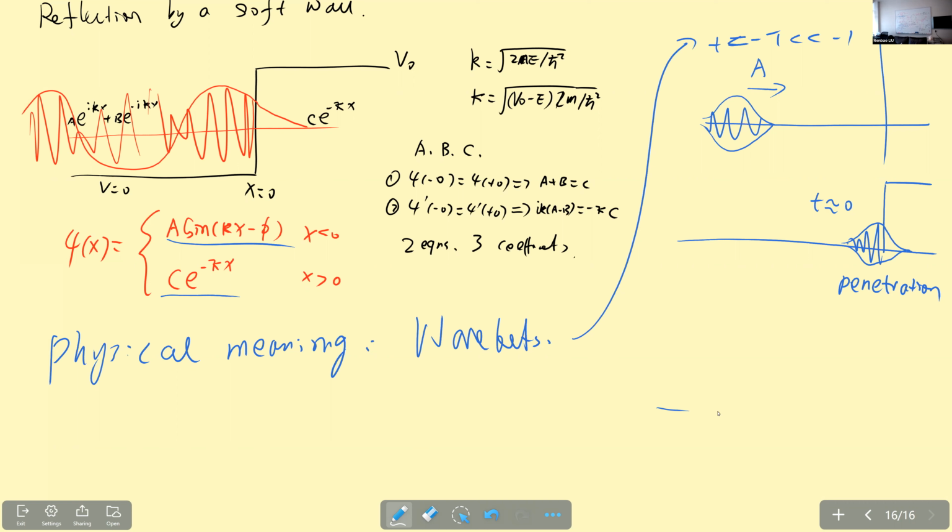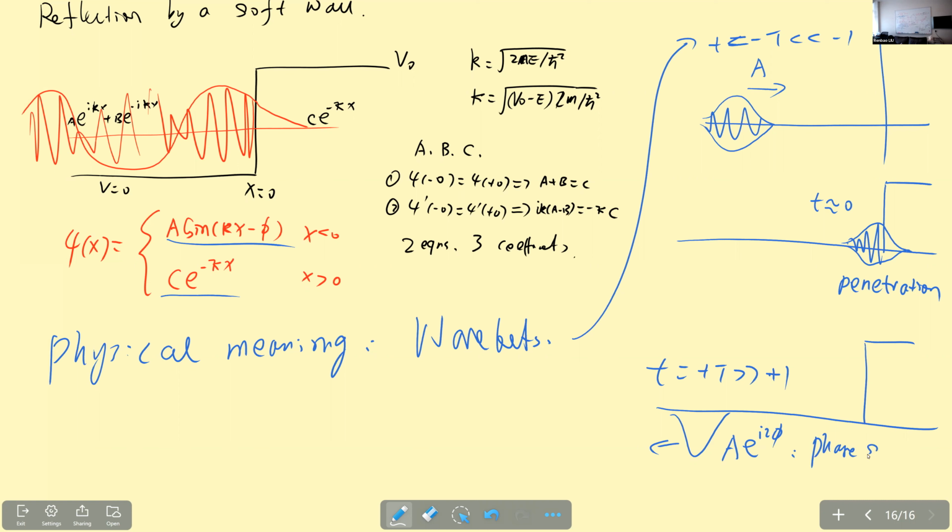So at a later time, t much greater than plus 1, this is going to be with amplitude that's still A, but with a phase shift. So you have a phase shift due to penetration.